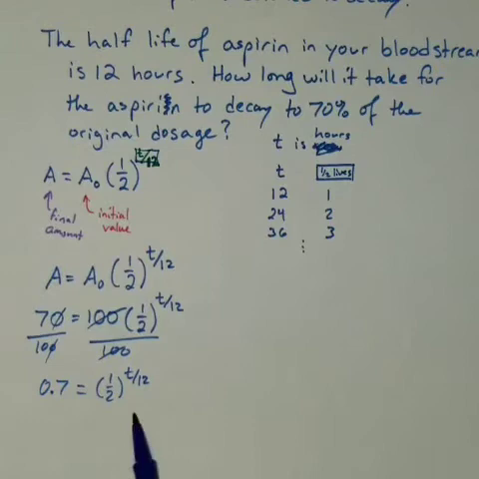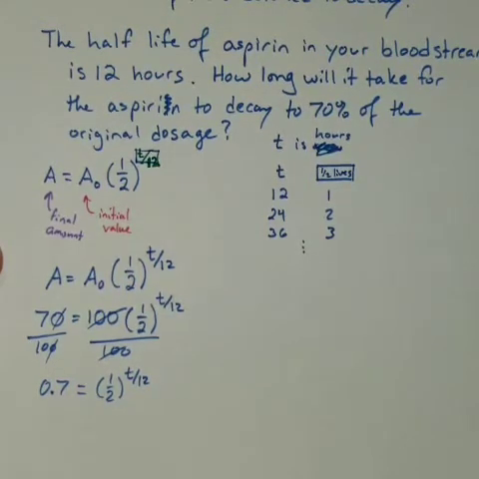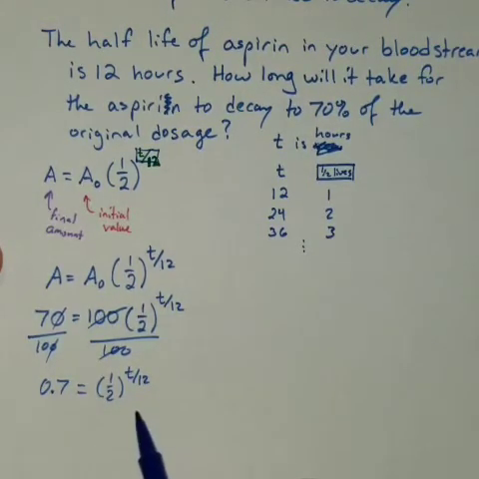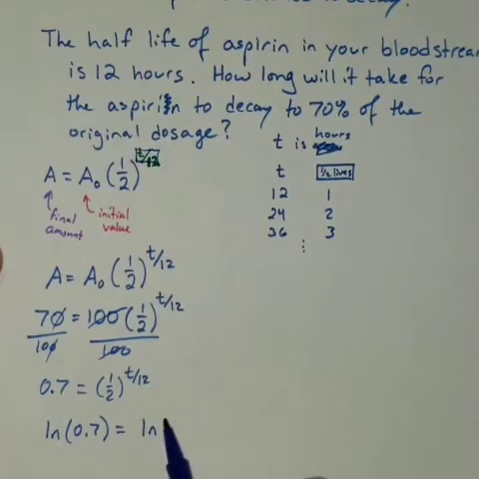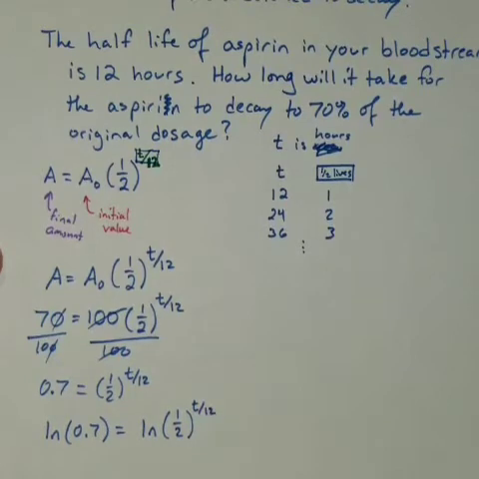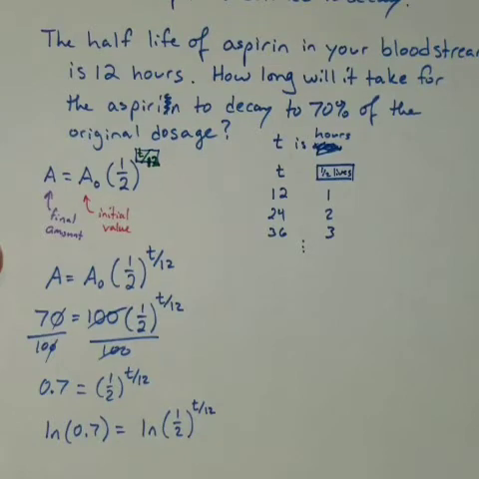So I'm going to apply a logarithm to both sides. I'll just use the natural log. We're going to see probably more natural log in this section than any other logarithm. So I'll apply the natural log to both sides of the equation. Okay, and remember there's a logarithm rule that allows us to take this power and drop it out front of the logarithm.